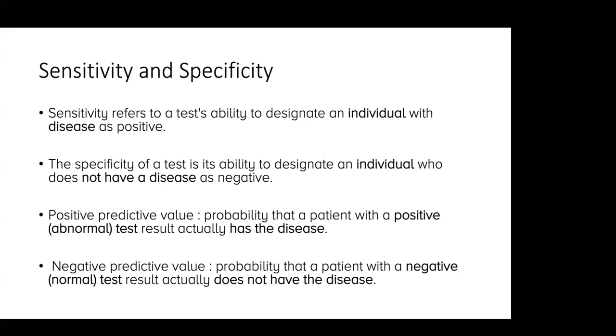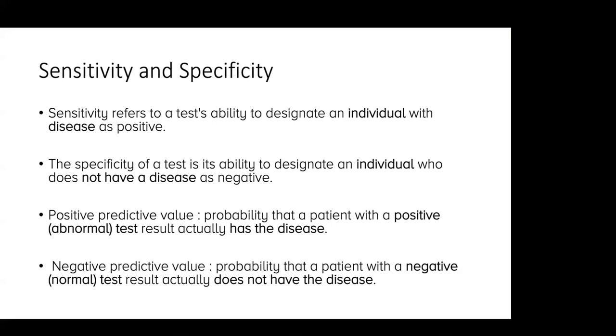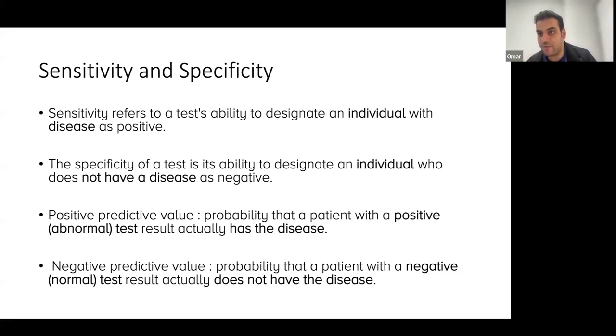So it means that if the test is positive, there's a 90% chance that this person has the disease. And if it's negative, it's a 30% chance that they don't have the disease. Hang on, negative predictive value is for somebody who has a negative test result. Good. Just always make sure that bit is very, very clear.